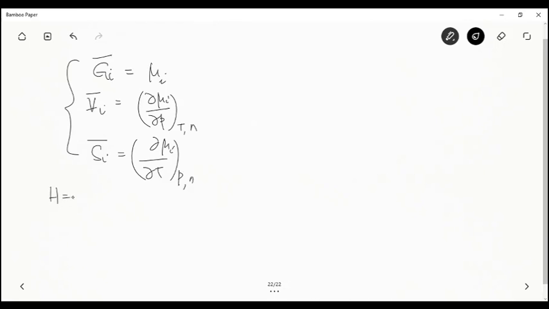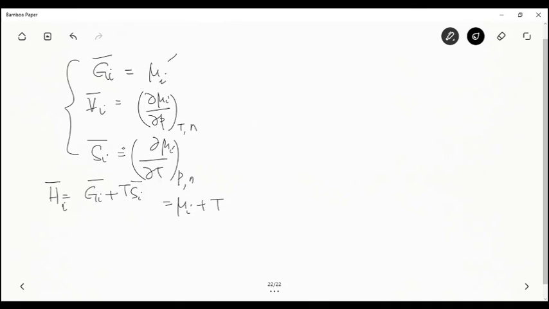So H, or Hi bar, we can write as, we know G is H minus TS, so it will be Gi bar plus T into Si bar, right? And this Gi bar we know is already mu I from here, plus T into this Si bar.